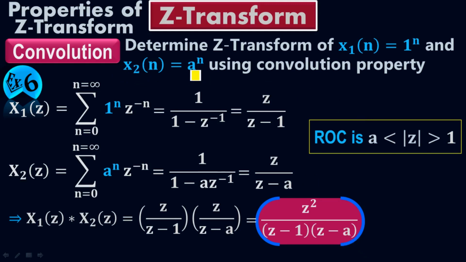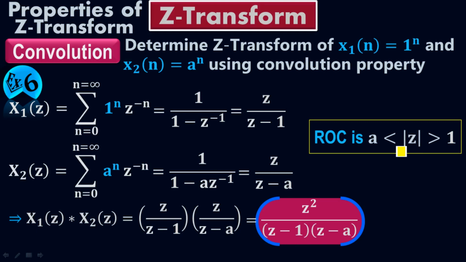So z modulus must be greater than a, because it is a right-sided signal. So when it comes to the region of convergence for the right-sided signal, z modulus should be greater than the outermost finite pole. So z modulus must be greater than 1, and z modulus must be greater than a here.